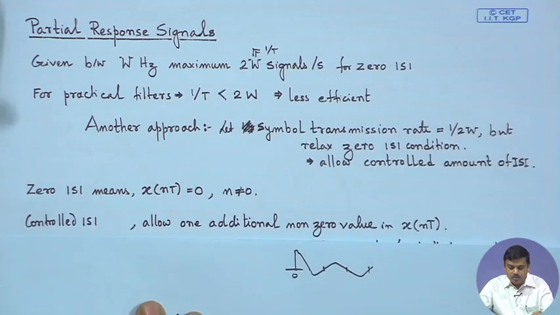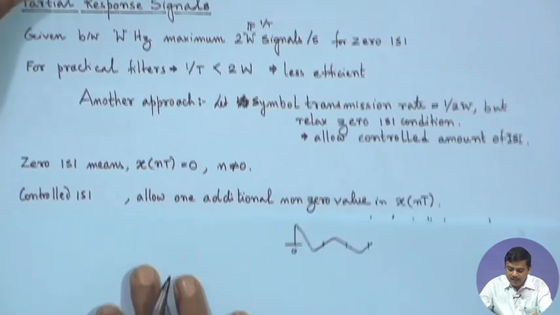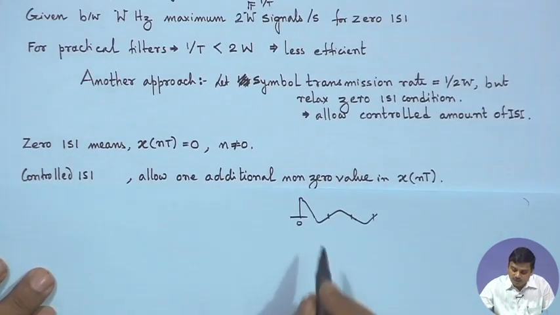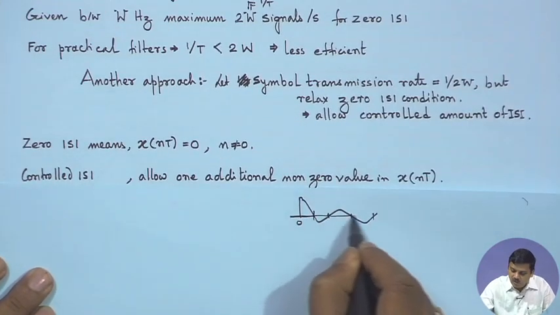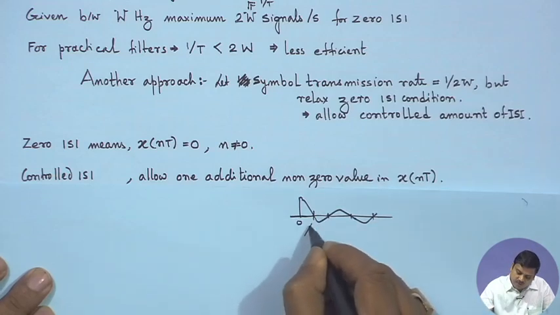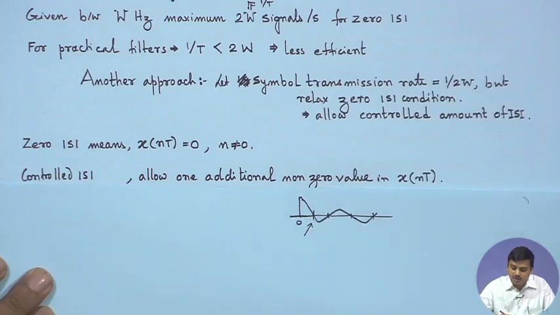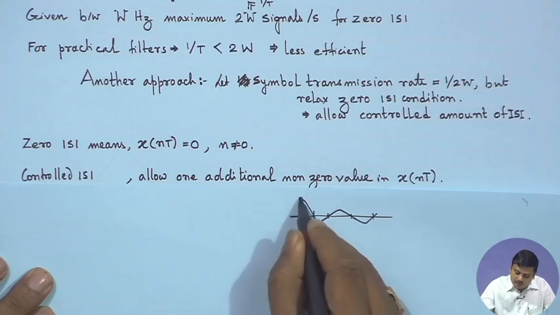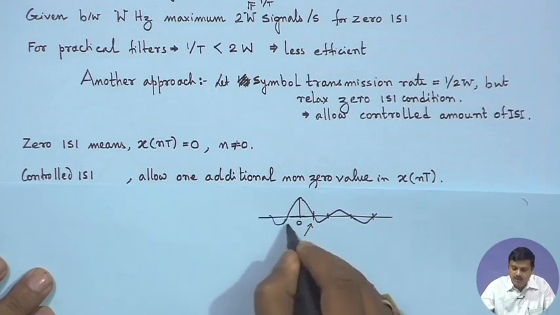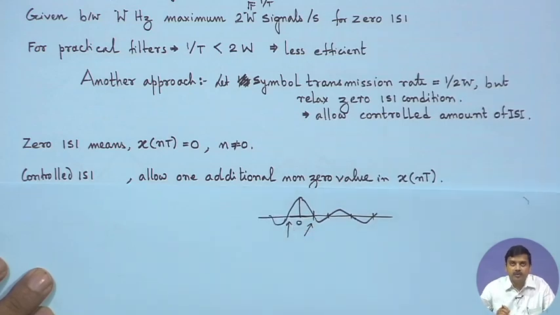Controlled ISI would allow at least one additional non-zero value in x_n(t). So, instead of having all zeros, can we have a situation where there is a non-zero signal over here, or maybe a non-zero signal at some other point? Only one is what we are trying to introduce. What would we get?